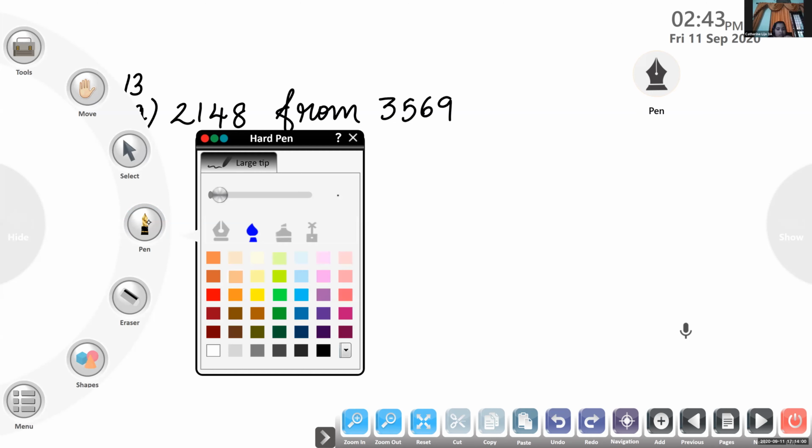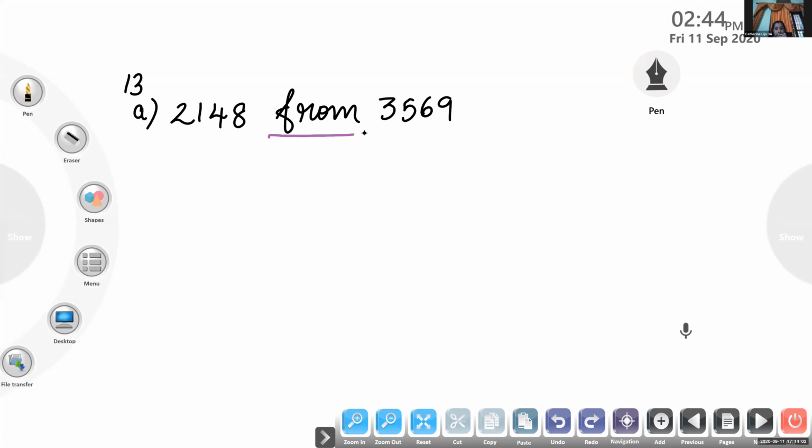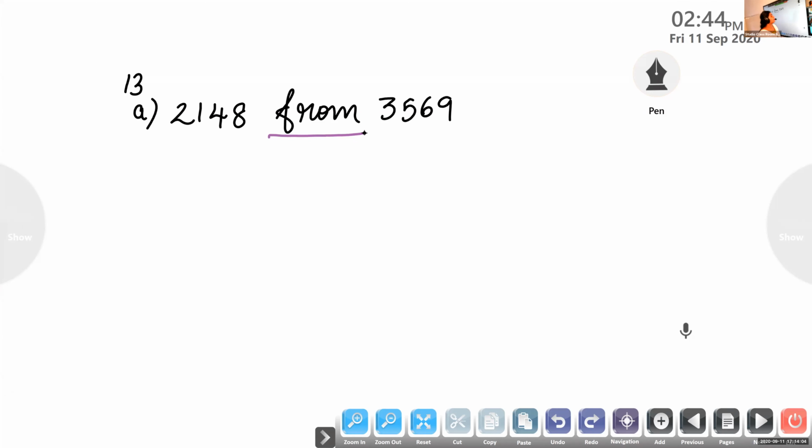I told you in the last class, when "from" comes, you should be careful. What is the reason? You should check which is the bigger number. Here, which is the bigger number? Sri Rukda, please unmute. Which number do I have to write first for subtracting? 3569 or 2148?